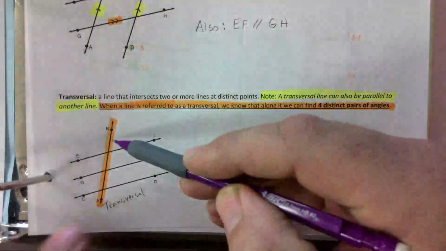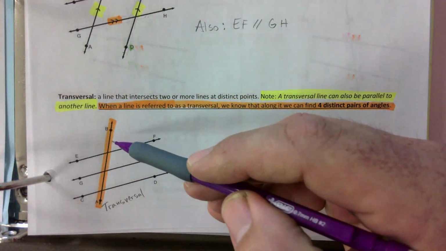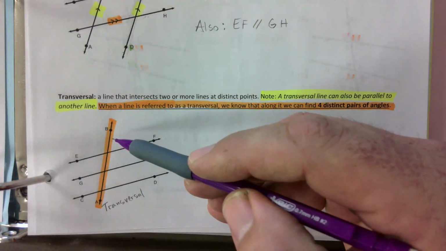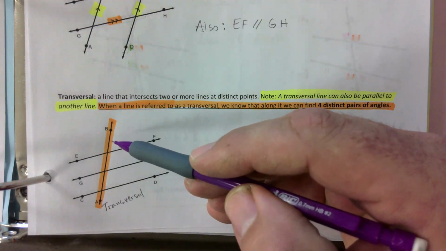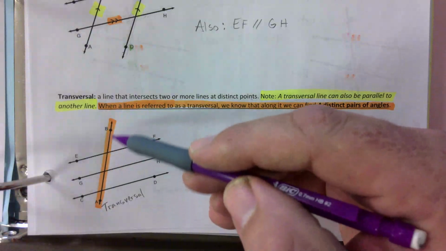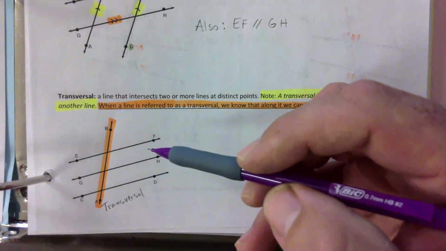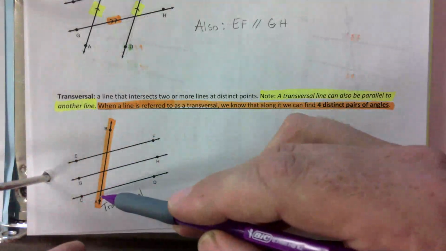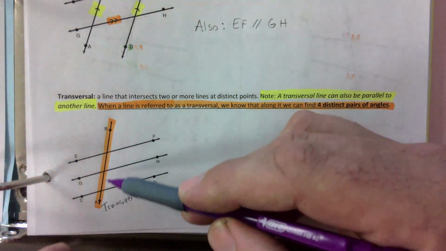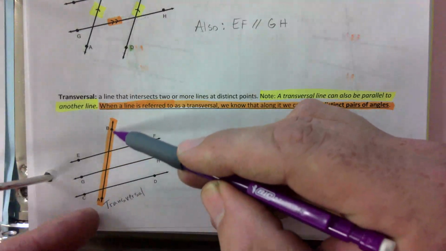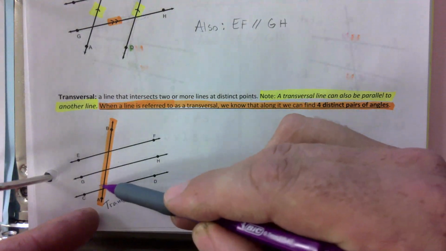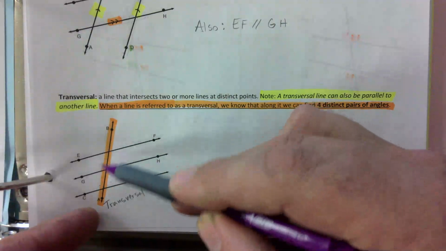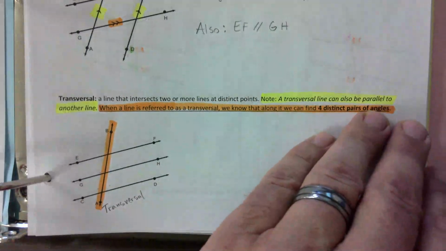The transversal is the one line, listen carefully here. It's not always that you're going to have just one line cutting. You may have more than one line cutting through, right? But the transversal is the one we focus on, and the angles that are alongside it, okay? So that's what we're going to focus on a bit more today.